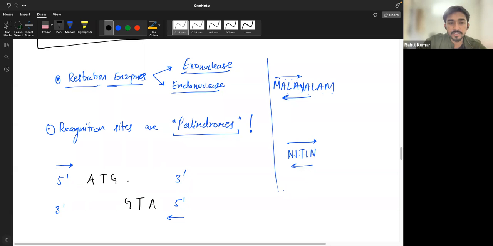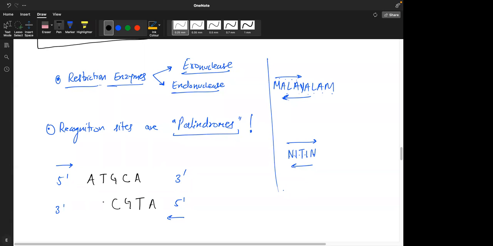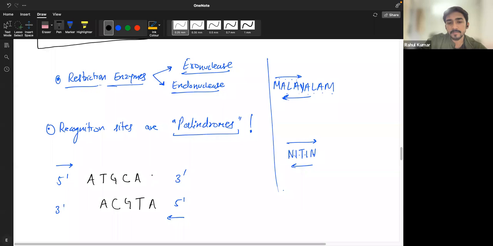What binds with G? C, right? What binds with T? A. What binds with A? T. So this sequence is a palindromic sequence. ATGCAT. ATGCAT. Do you see this is a palindrome that we made?